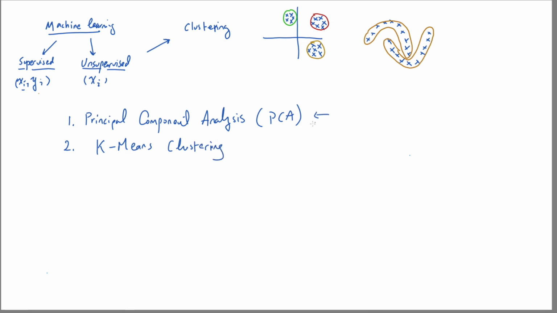I'll spend most of my time talking about PCA because it's really interesting. K-means is the most simple clustering algorithm. The way I like to think about principal component analysis is that it's a way of dimensionality reduction.